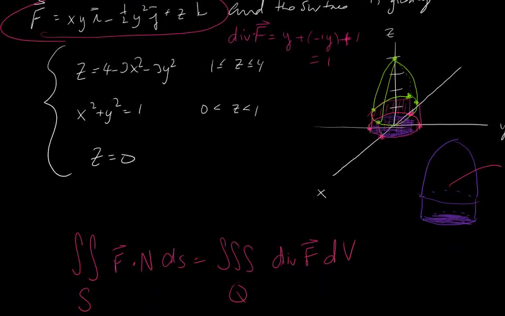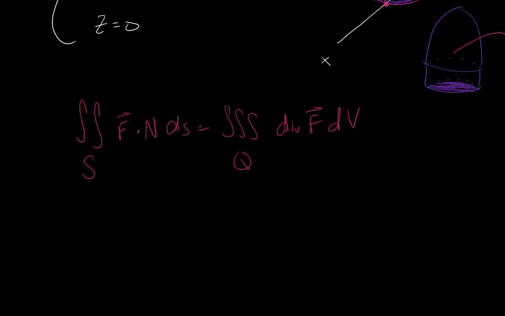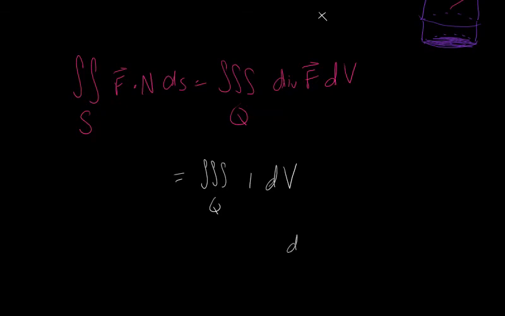Okay, so our integral then is going to be equal to the triple integral over Q of 1 dV. So dV is dz dy dx, and we need to find out what our boundaries are on each of those.